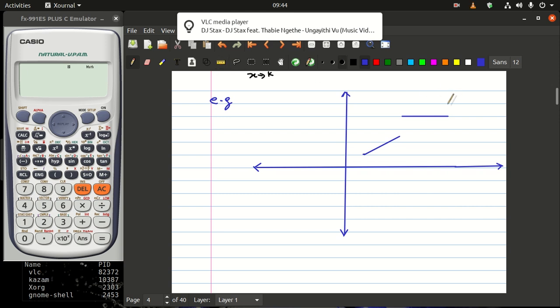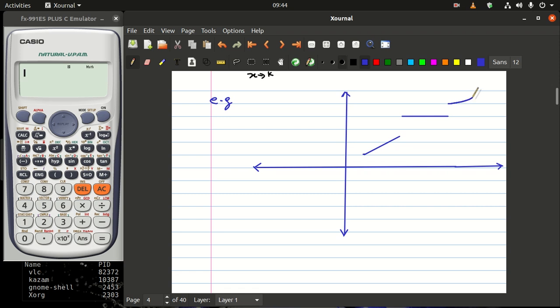I'm also having a nice curve here, which is going all the way like this, and then it keeps going like that.